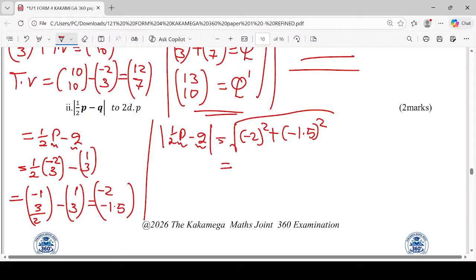But because the question wants your answer to 2dp, your answer should be 2.50 units. Make sure you leave your answer correct to 2dp as per the requirements of that particular question.